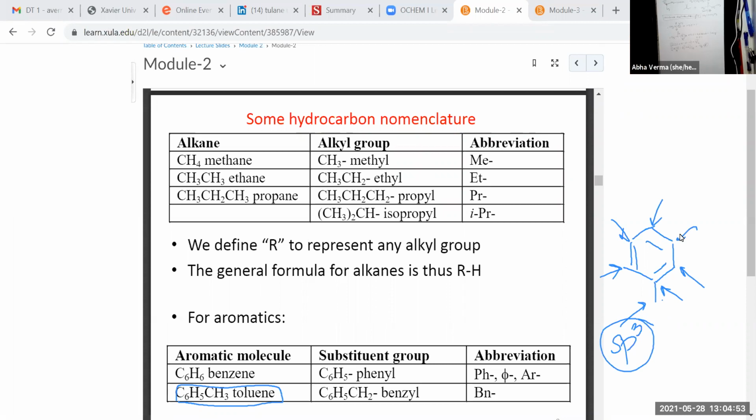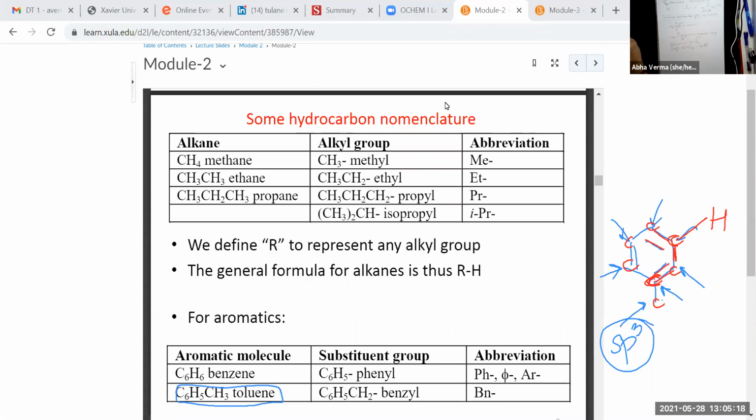And if you remember your bond line structures, each dot is a carbon. And if nothing else is there, you have to remember that carbon makes 4 bonds. 1, 2, 3, 4. What is the 4th bond? It is the hydrogen. How many bonds is this carbon making?